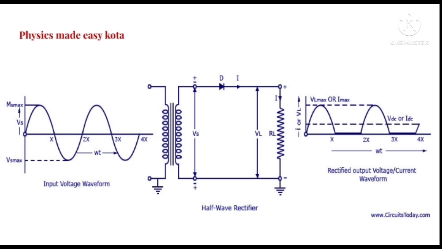The upper end of the coil is connected to the P region of the diode and the lower end is connected to the N region of the diode. So the positive gets connected to the positive region, negative to the negative region. So the junction behaves as forward biased, and during this we get the output.